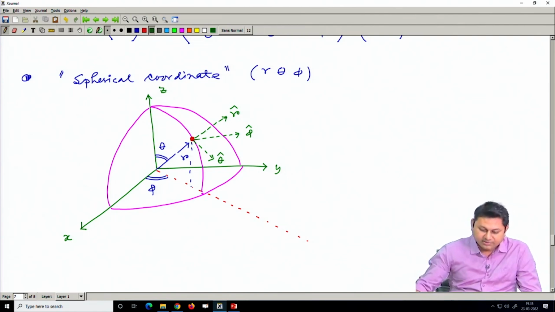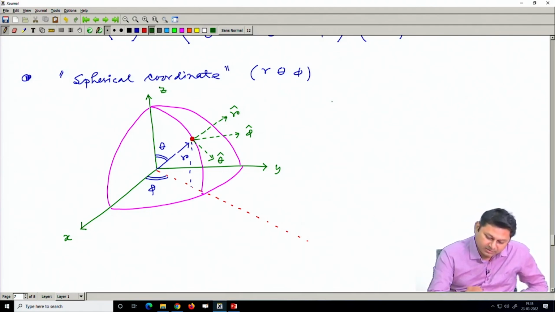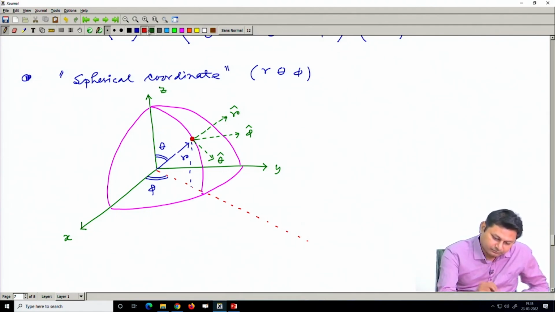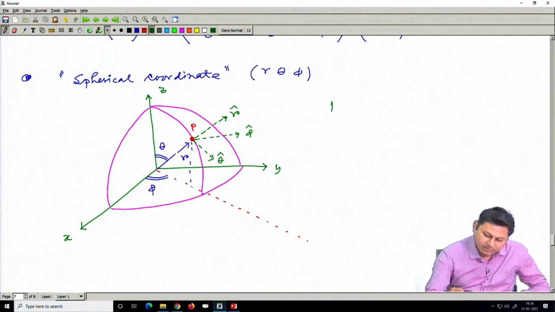What are the restrictions? I should also mention the restrictions. So, this point P is defined by r, theta and phi.